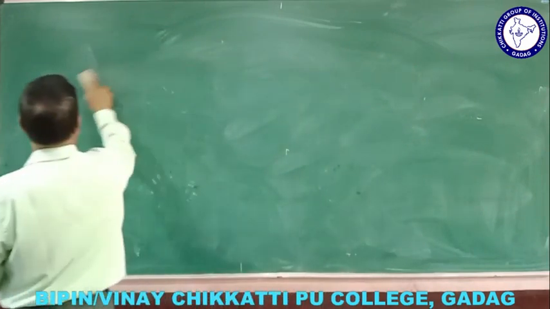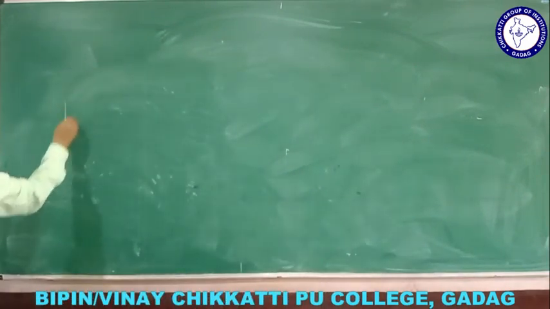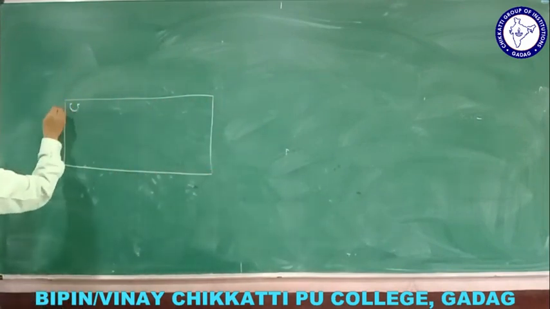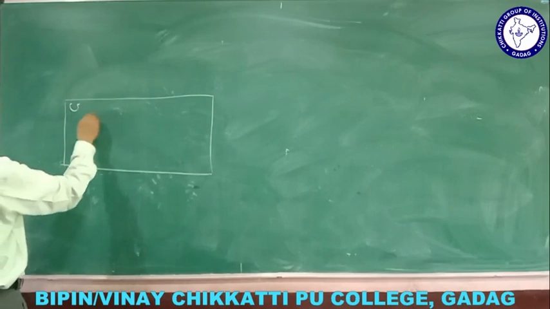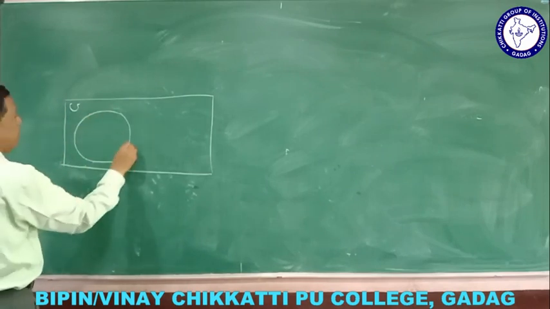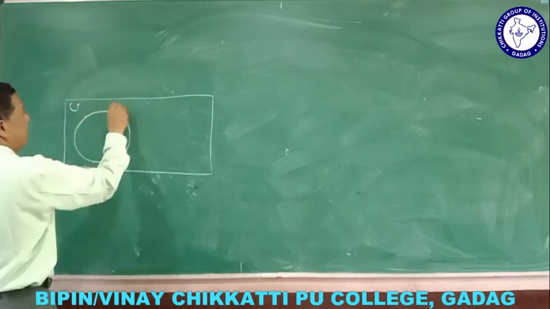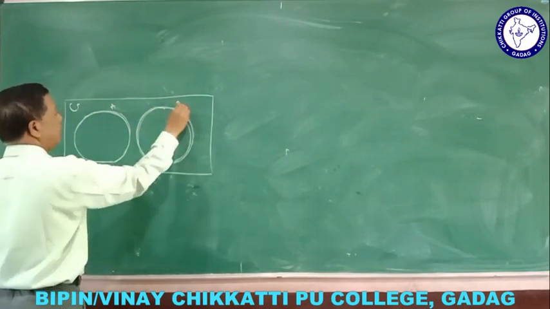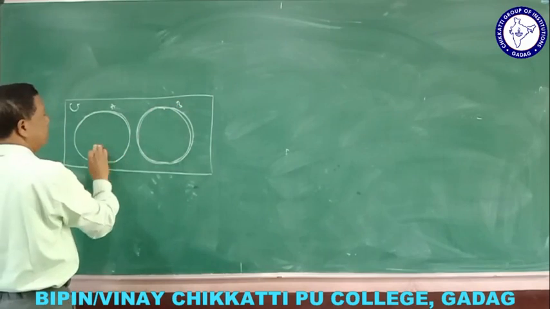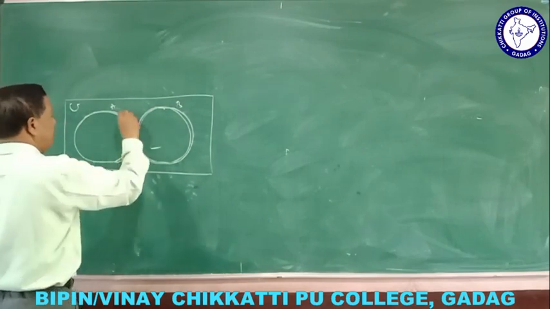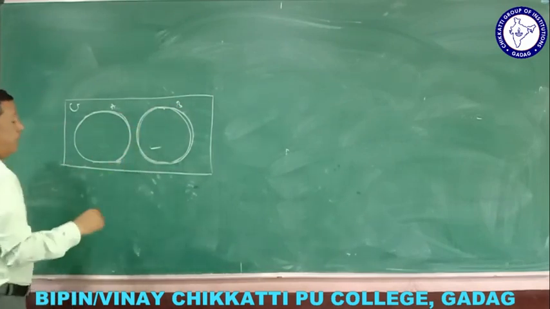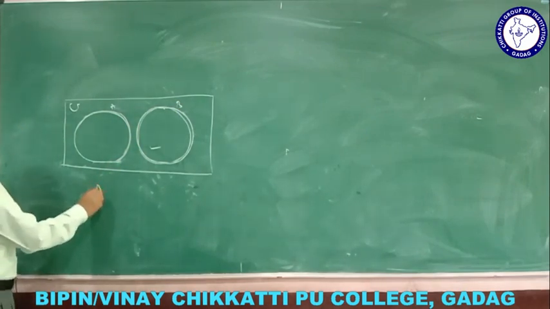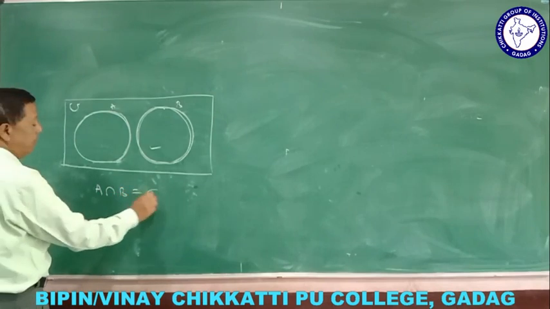If I show it like this in a Venn diagram, this is the universal set, and I want to take two sets. This is set A and this is set B, and these are not having common elements, so A intersection B is the null set.